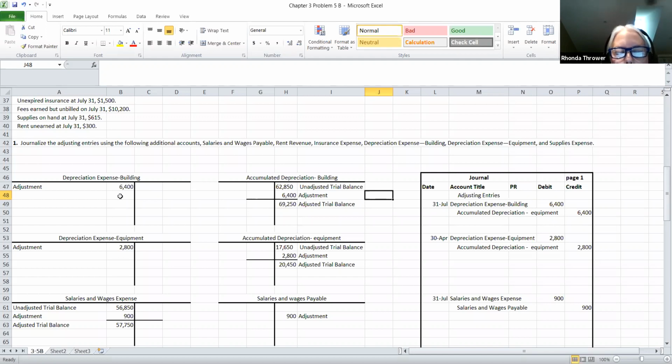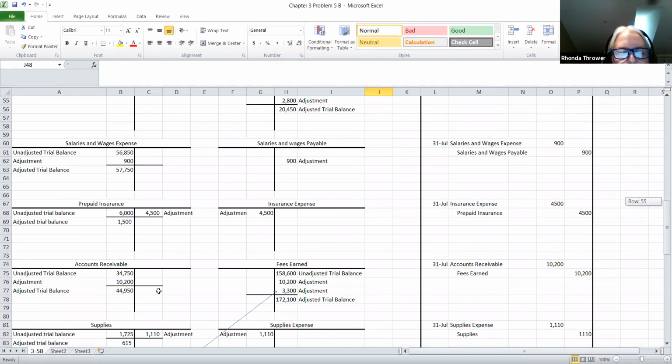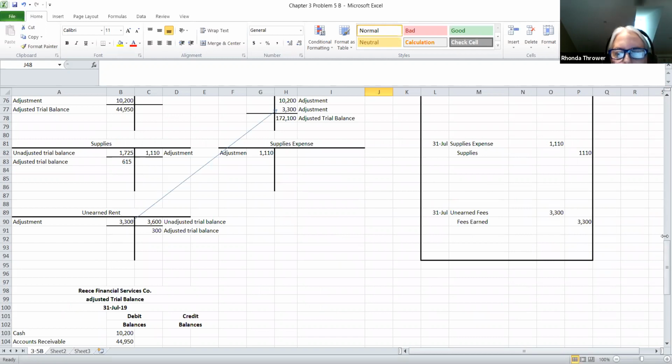So we start by creating our adjusting entry and copying it to the journal. Once it is journalized, the formal steps of the accounting cycle would be to copy it from here into its formal ledger. And then from the formal ledger, we would copy into the adjusted trial balance, which we'll prepare last.